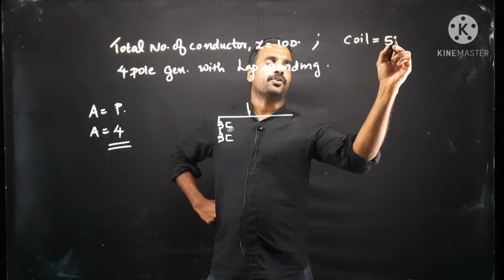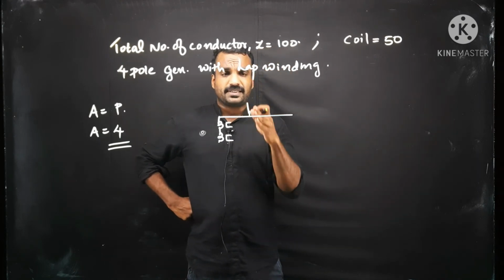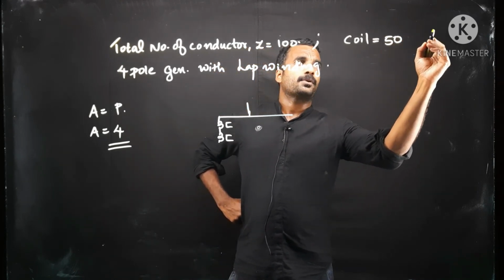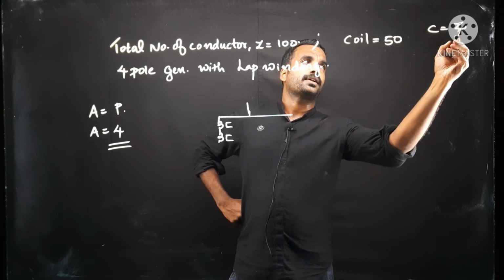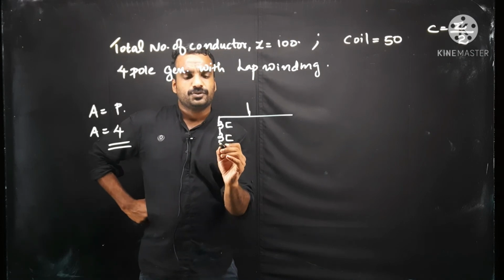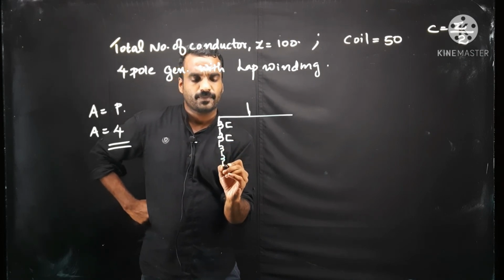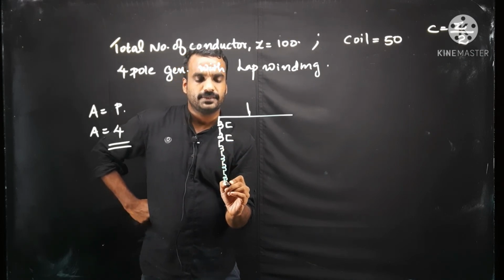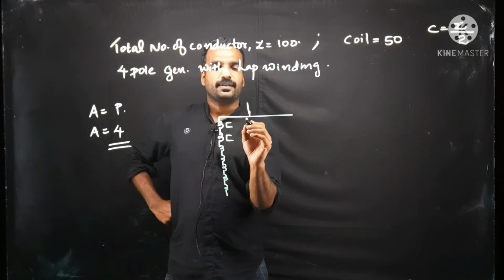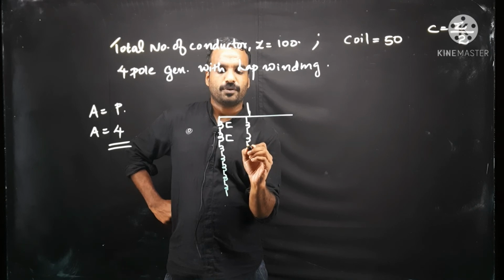It will be 50 coils, because one starting end and one finishing end contribute one coil. So the number of coils is equal to the number of conductors by 2. So this is one parallel path, and we have a total of 4 parallel paths.